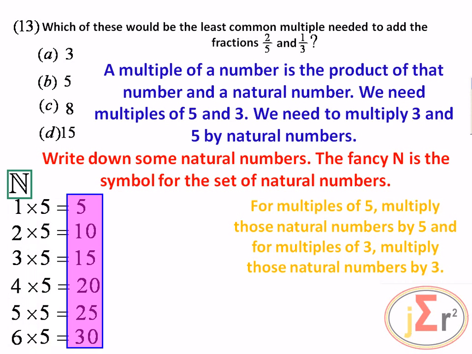Right. And for multiples of 3, let's put the natural numbers down. Those are the natural numbers. And for the multiples of 3, what will the multiples of 3 be? 3, 6, 9, 12, 15, and 18. Right. So those will be the multiples of 3.